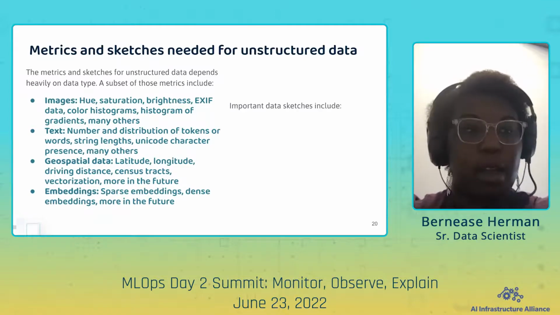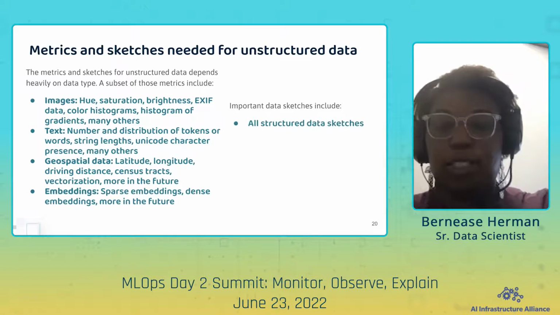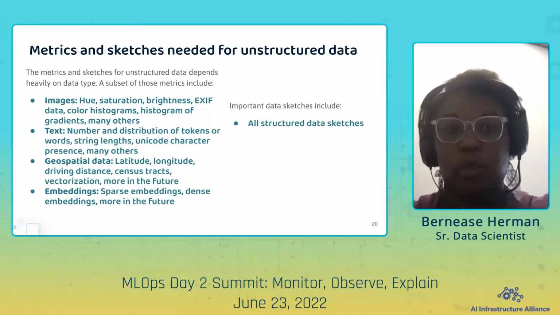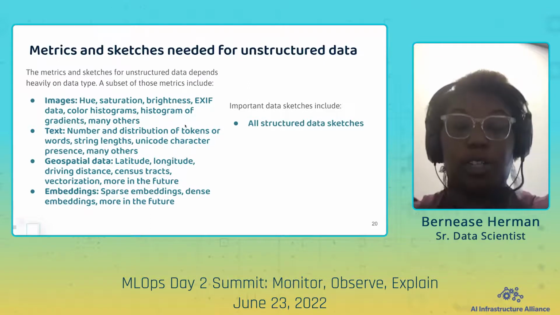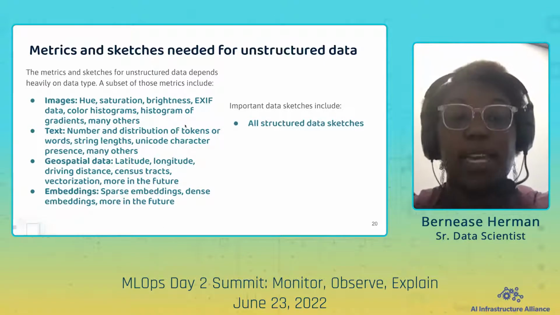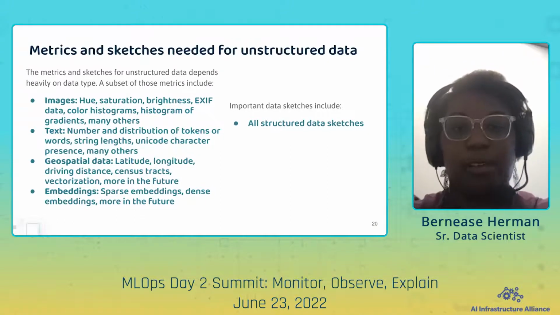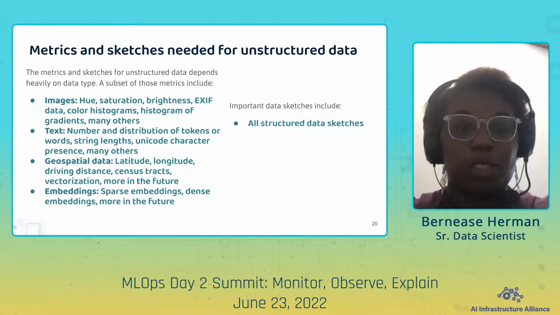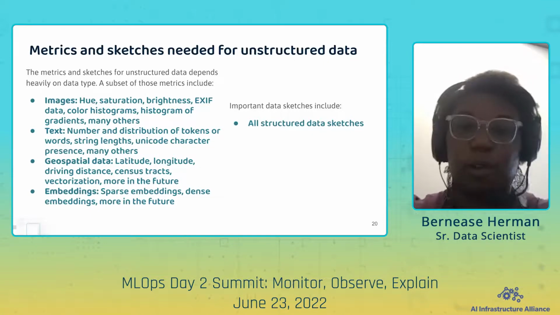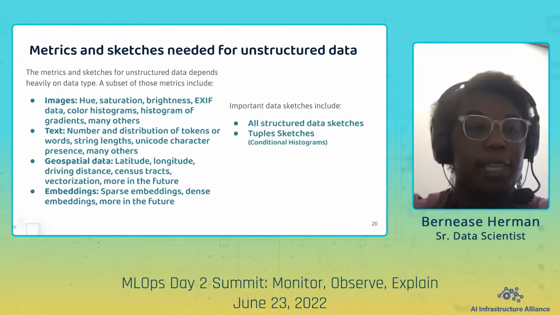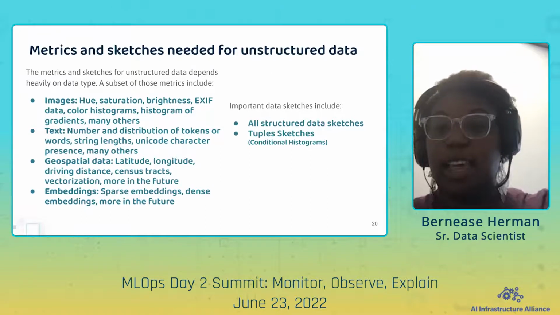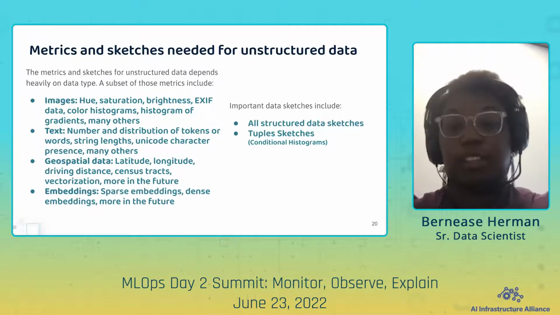So then I want to talk about the sketches that we'll use. All of the structured data sketches apply because a number of these metrics that we collect are now numerical metrics. And we want to do the same histograms and cardinality counts and sorts of things on those data points as we've done for the structured data. But in addition to that, we have things like sketches that allow us to do conditional histograms.